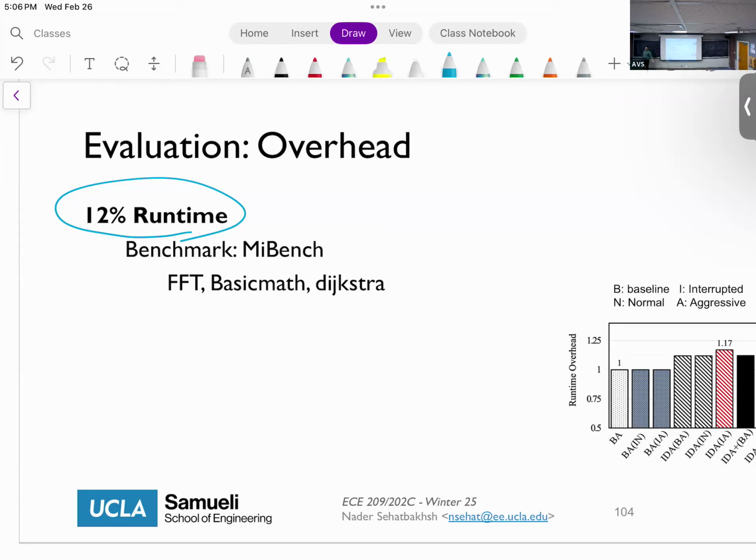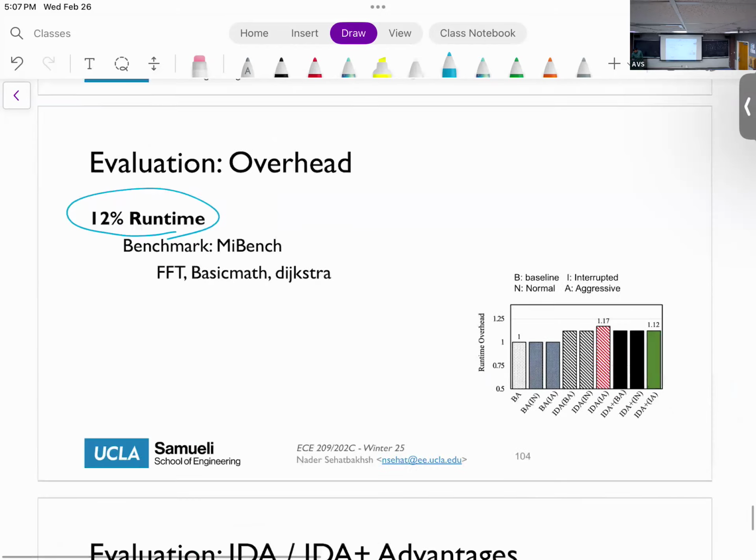But with the TOCTOU guarantee, you know that your system will always be secure. Whether or not you trust this device is a separate story. But if you run the attestation, say, every hour or every 2 hours, that would be the overhead you face, about 12% of the time.